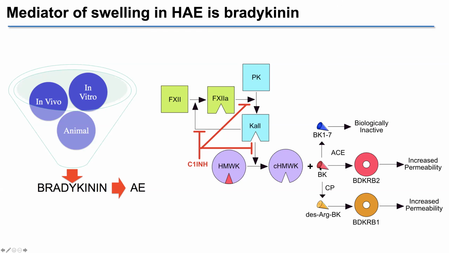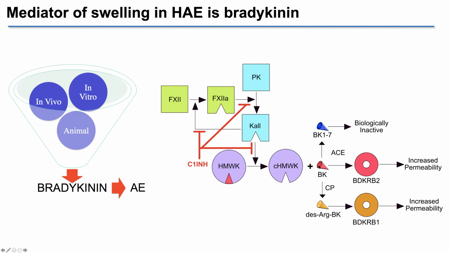Bradykinin is primarily degraded by ACE into an inactive peptide. So if you give an ACE inhibitor, you inhibit this degradation, so you have more bradykinin. We think that's probably the cause of ACE inhibitor-associated angioedema.